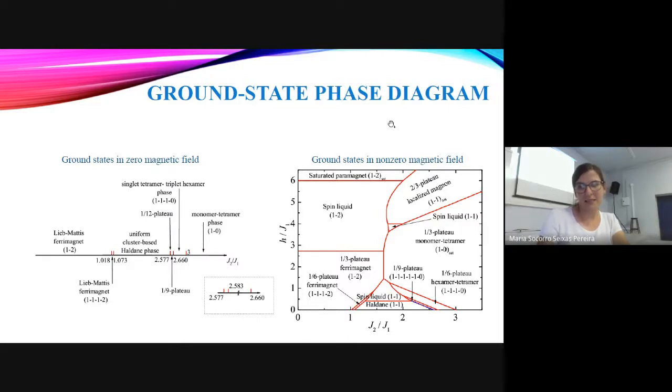And in a non-zero magnetic field, besides these, there are also three areas of spin liquid phase and bound magnon phase corresponding to the 2/3 plateau in the magnetization curve.